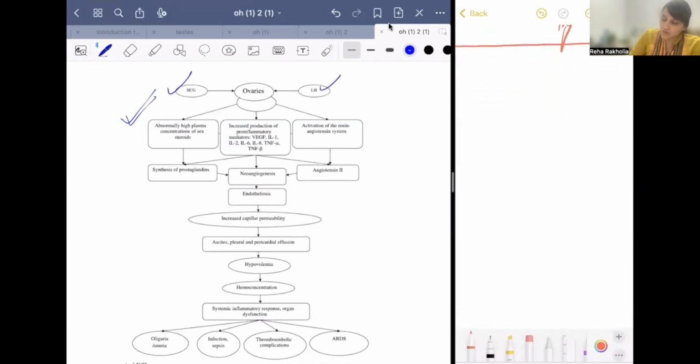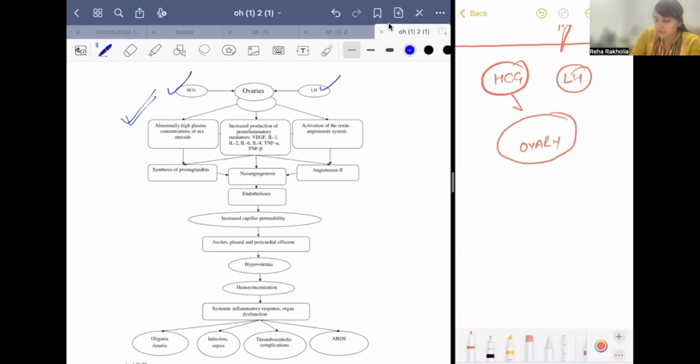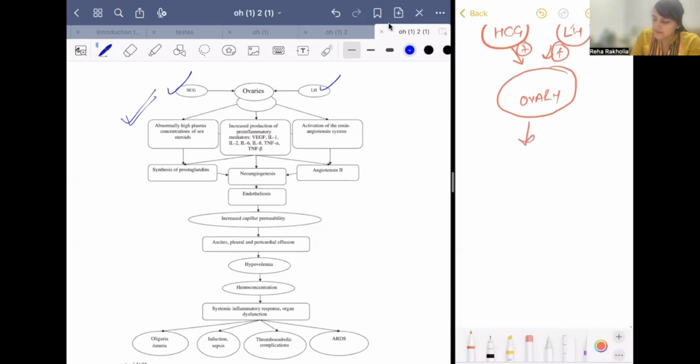HCG and LH hormone stimulate the ovary. It leads to an increase in sex steroids and release of inflammatory mediators like VEGF, interleukin 6, TNF alpha, and TNF beta, and also renin-angiotensin system activation.